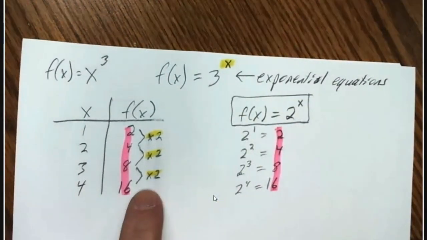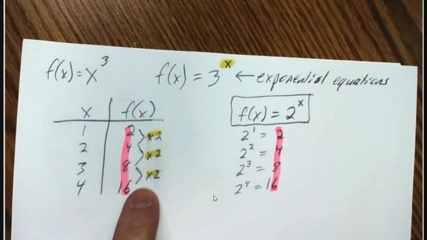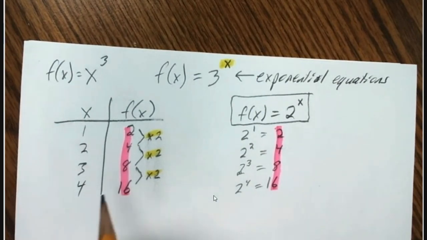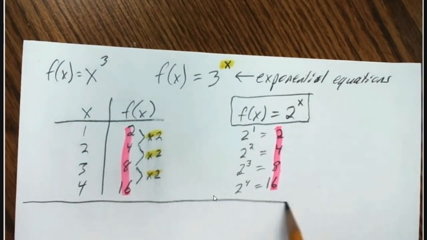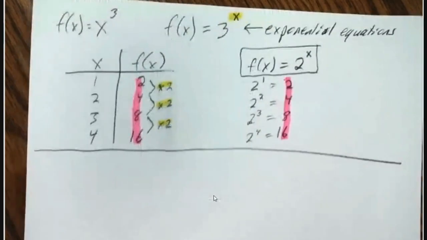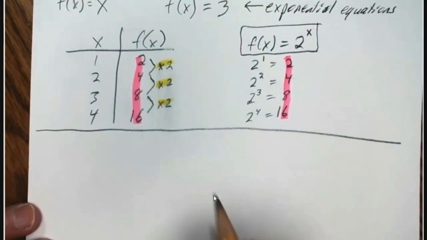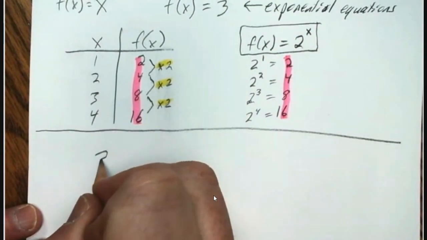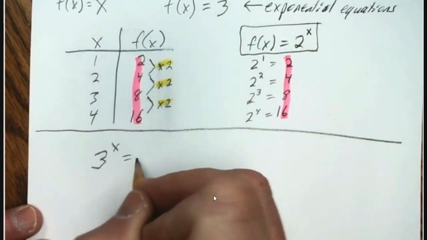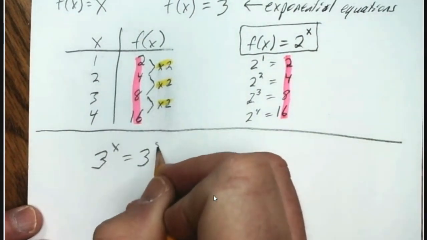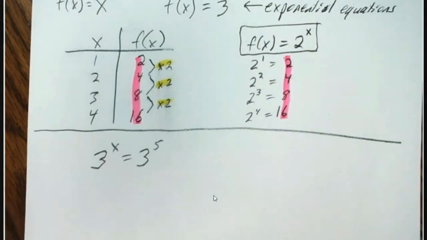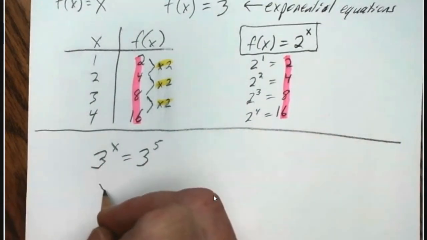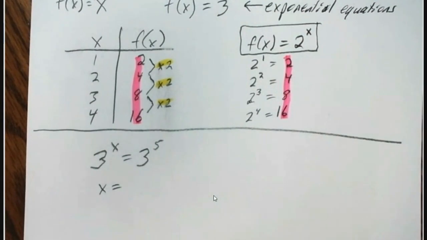So we see a consistent multiplier when we look at the individual values in there. So how do we solve exponential equations? Since we know what an exponential equation is now, some of it's pretty simple. If we have a very simple one, like 3 to the x equals 3 to the fifth, and we need to solve that for x, well, that one's pretty simple, right?